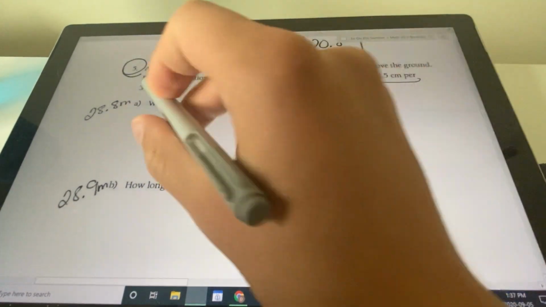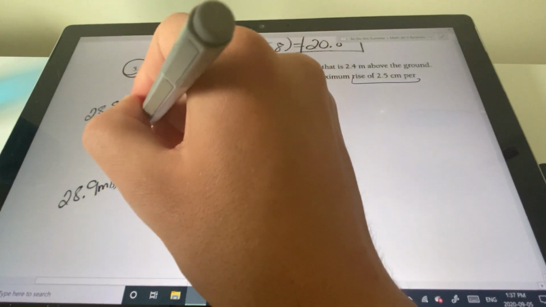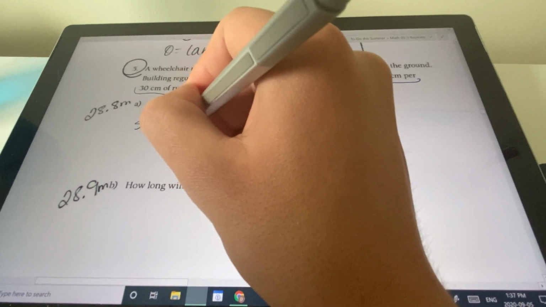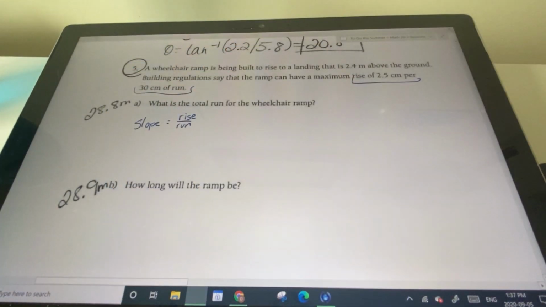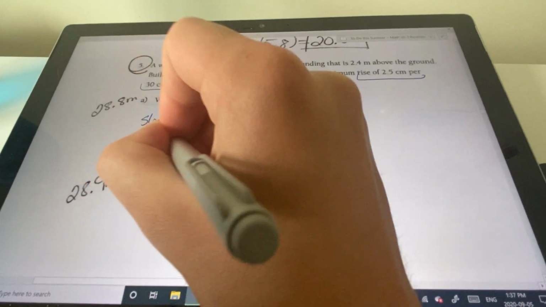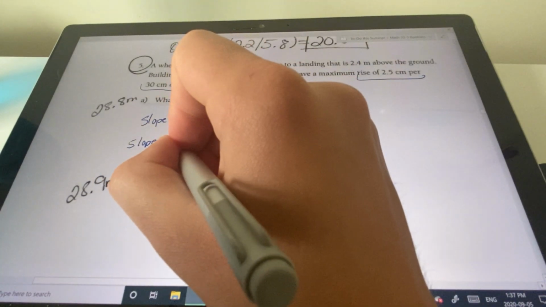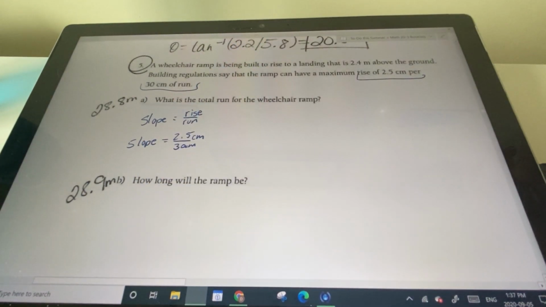So what is this? Rise over run. So we have a slope. And every time we rise 2.5 centimeters, we have to go over 30 centimeters. So our slope equals 2.5 centimeters for every 30 centimeters of run, which is quite a bit, okay?